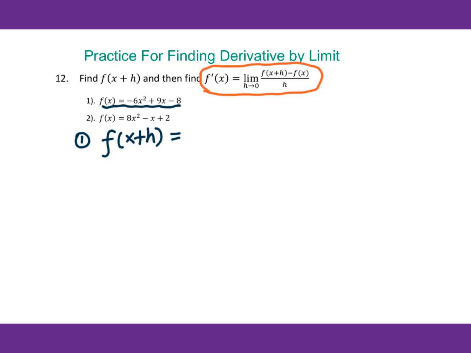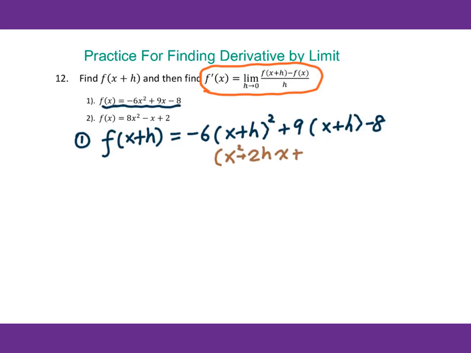So we plug in here negative 6 times (x plus h) squared plus 9 times (x plus h) minus 8. For (x plus h) squared, remember that is x squared plus 2hx plus h squared.